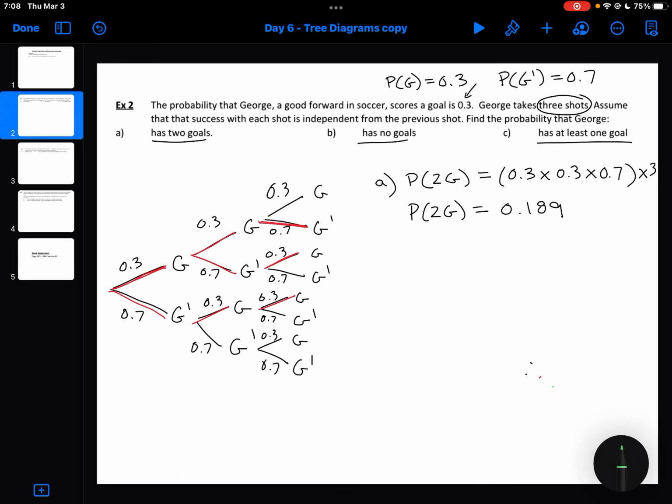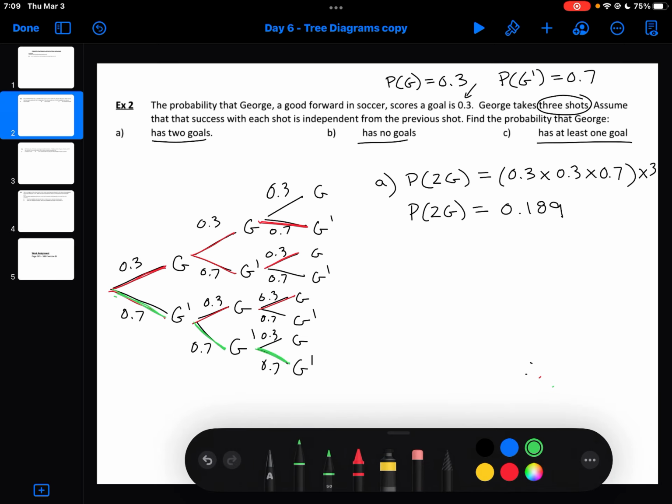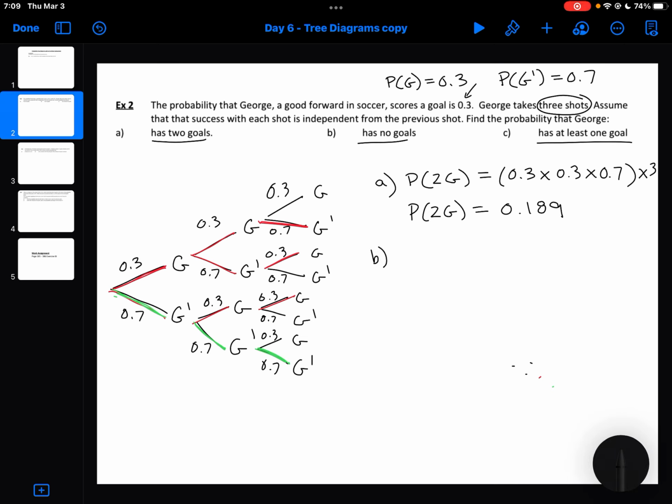Now, if he has no goals, I'm actually going to do the same thing, except I'm only looking for the pathway where he gets no goals. So that would be no goal on the first one, no goal on the second one, poor George, and no goal on the third one. So to write that out, my probability that he gets 0 goals would be 0.7 times 0.7 times 0.7.